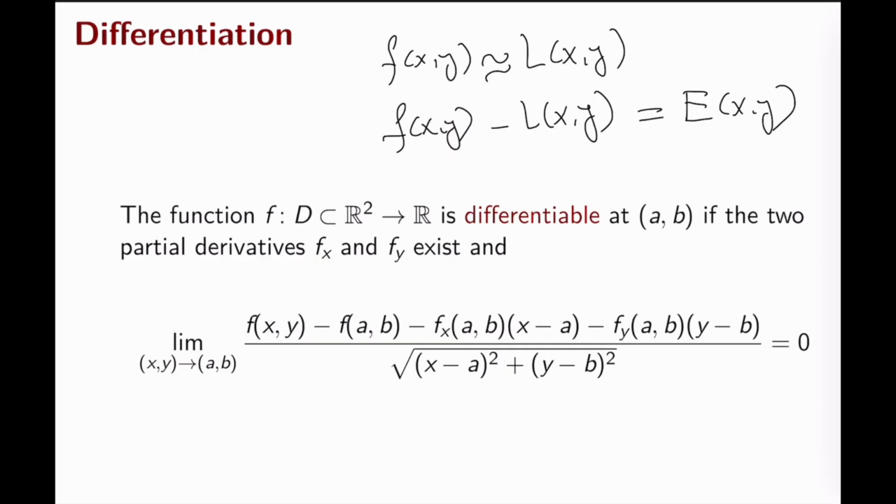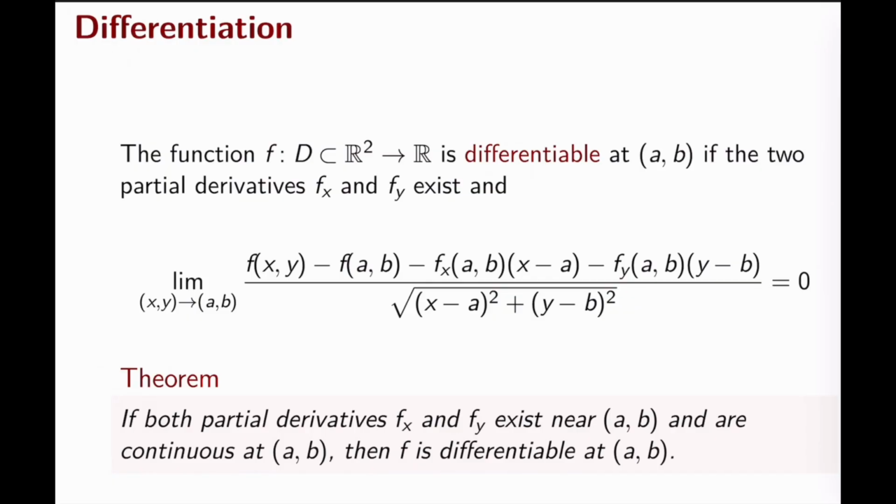I mean, when we are very close to the point, this limit should be equal to 0. So this is the definition of differentiability, though there is a theorem that allows us to decide more easily if a function is differentiable or not.